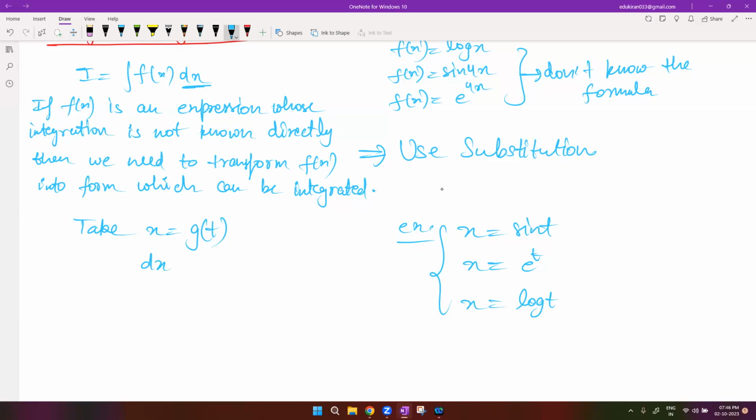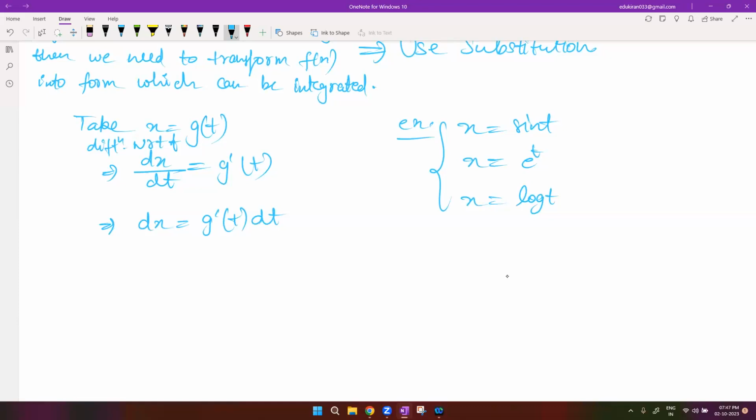Differentiating x with respect to t, dx by dt becomes g dash t, because you are changing your variable from x to t. So you can take the value of dx as g dash t into dt.